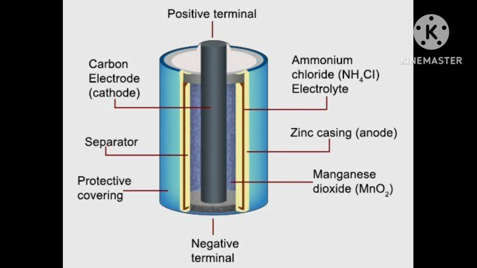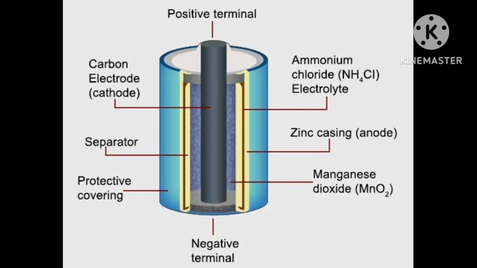Here one more thing you should know. If you open a battery, you will see a black powder. That is actually manganese dioxide. This carbon rod is surrounded by powdered manganese dioxide, MnO2.